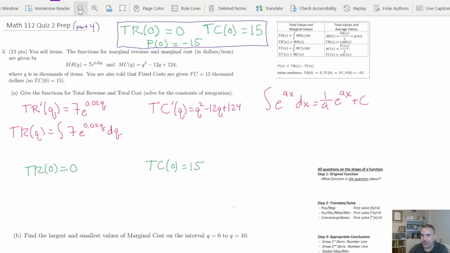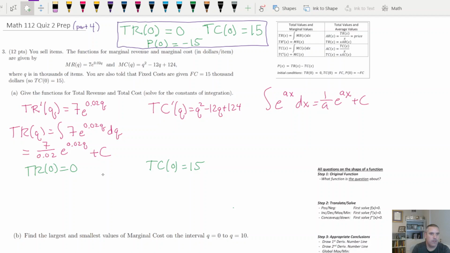So that's what we're going to use to write the following. This is going to be 7 over 0.02 e to the 0.02 q plus c. And I'm just going to move this down a little bit.